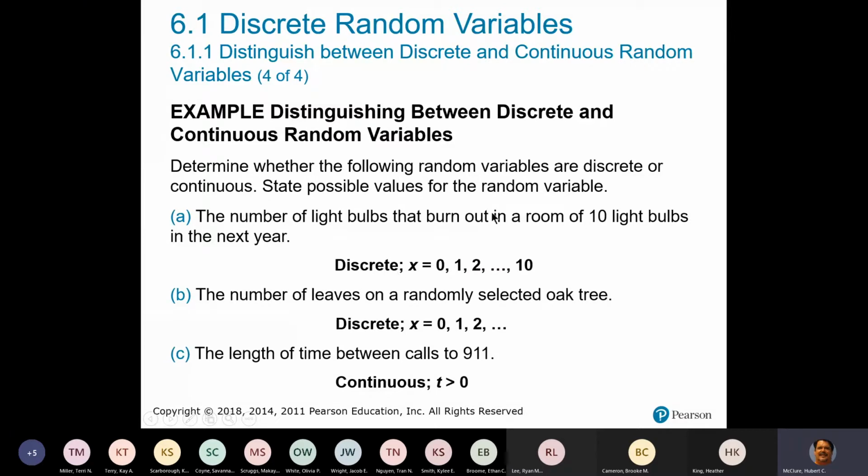The number of light bulbs that burn out in a room. Well, that's not measured. That's discrete. The number of leaves. Notice the word number. And then it has the length. Length is measurement. So that's continuous. So there's 3 good examples. I would write those 3 examples down because you might see those on a standardized test, especially like a nursing test.